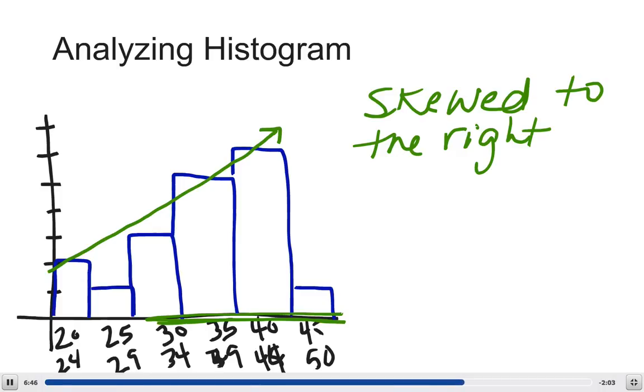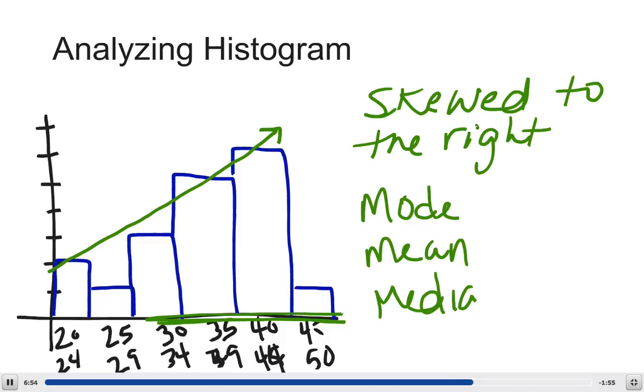Further, to look at our measures of central tendency, we have our mode, mean, and median. Which one's going to be the best to use for analyzing a histogram? Let's talk about the mode first. The mode is the number that occurs the most. While we don't know what the actual data points are, all we know is that there are 6 within the 40 to 44 range.